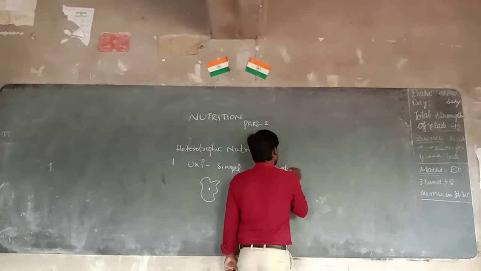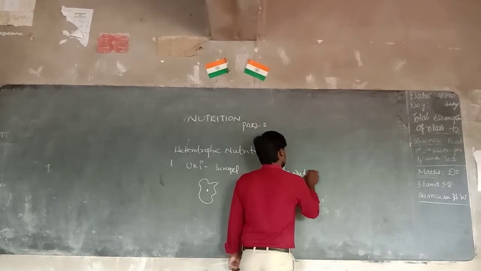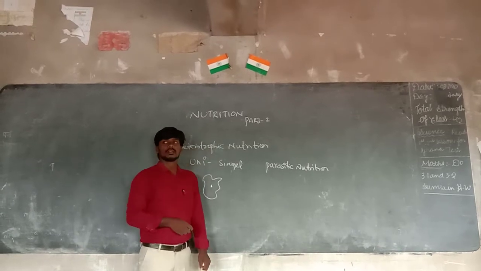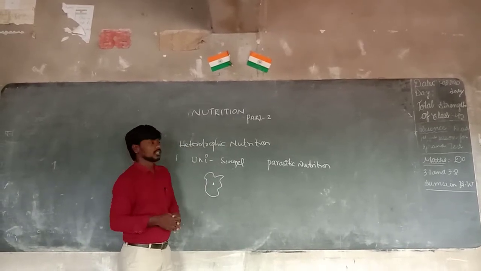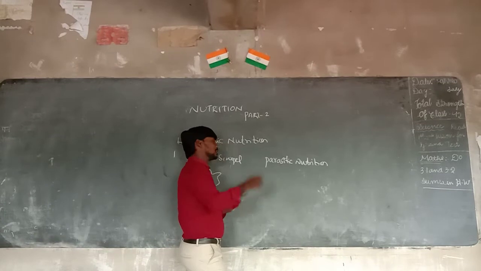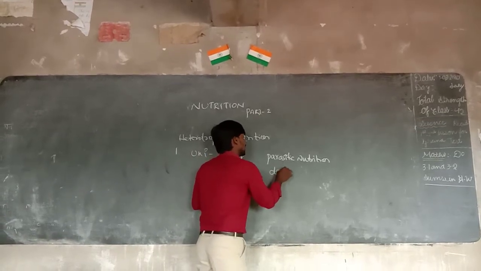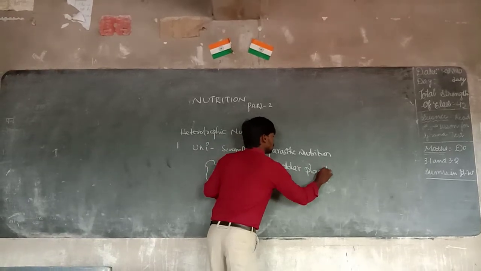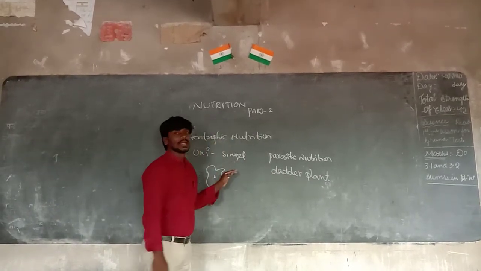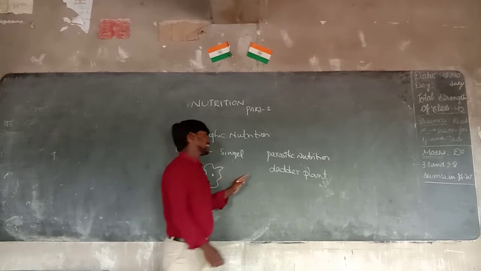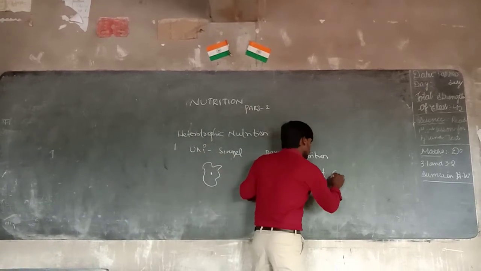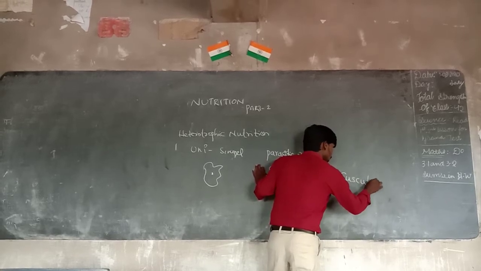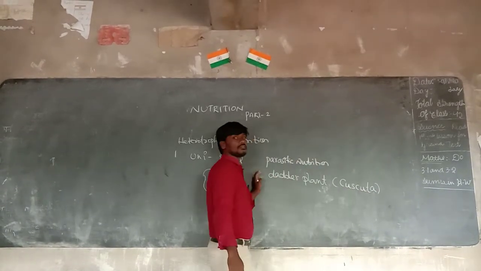Okay, so this is the best example of heterotrophic nutrition. In parasitic nutrition, the plant is called the dodder plant. The dodder plant belongs to the family Convolvulaceae, and its scientific name is Cuscuta.